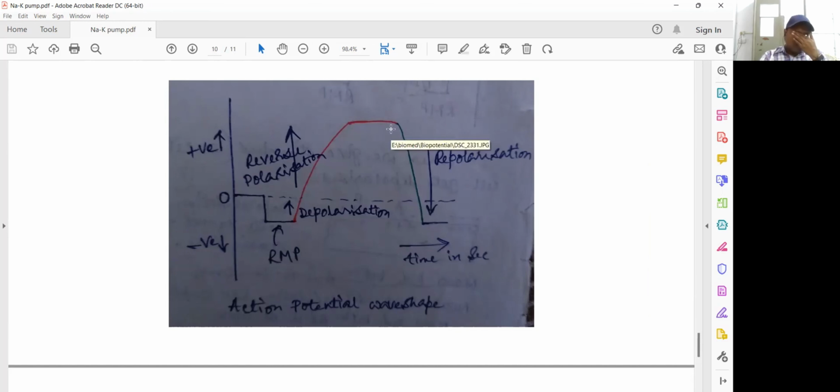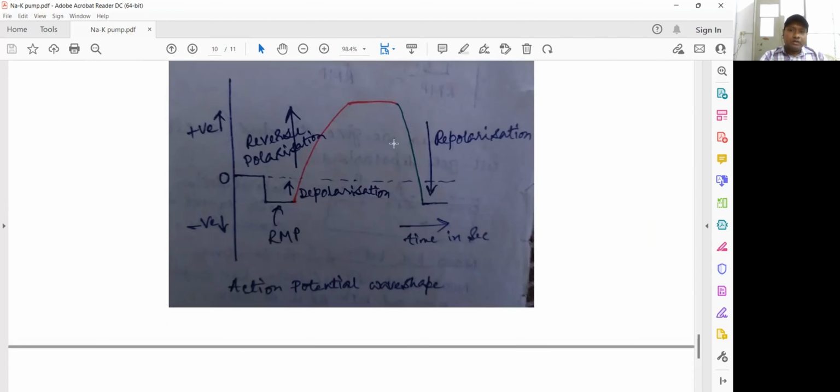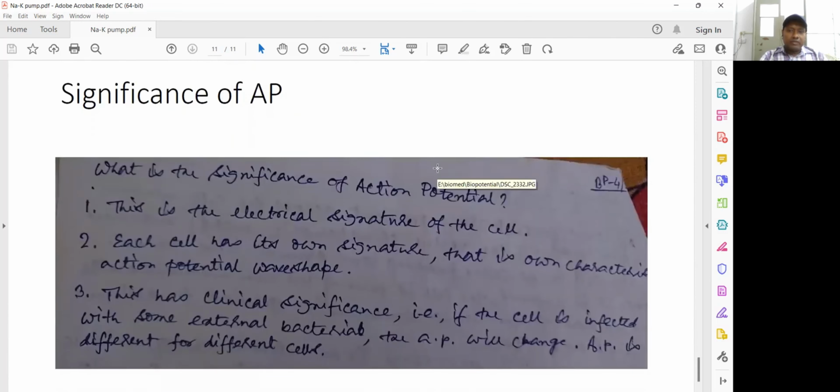So depending upon the nature of the cell, this wave shape will change. If it is a nerve cell, we will see a spike, and if it is a muscle cell, there will be a flat top, which happens due to the longer ion travel time. So this is the electrical signature of the cell.